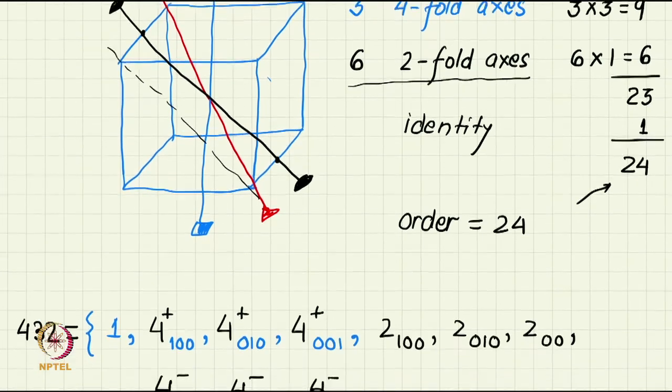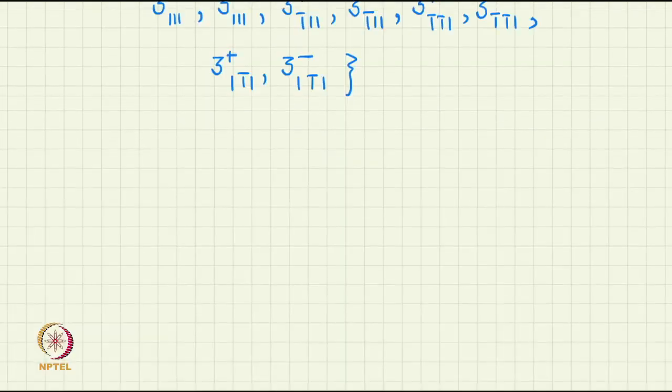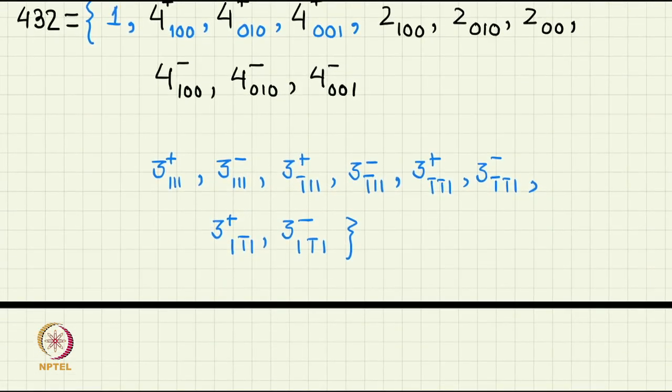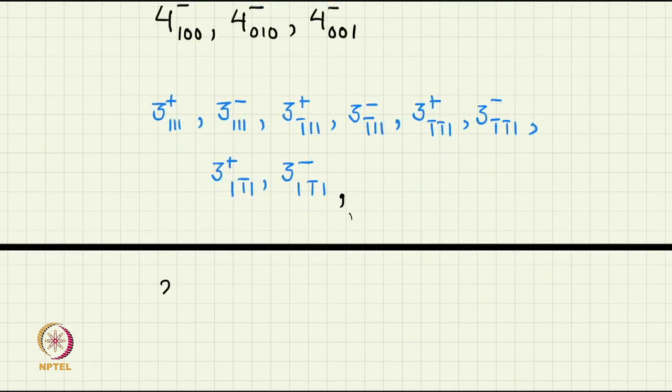So, midpoints of edges define axes which are parallel to the face diagonals of the cube, and face diagonals have 1 1 0 kind of orientation. So, if we continue our listing, we add 6 more 2 folds.